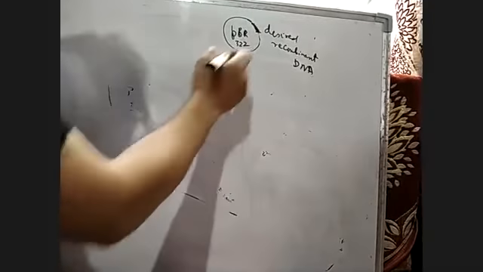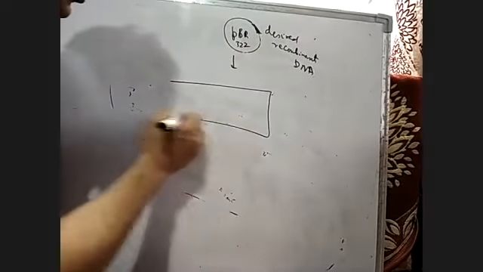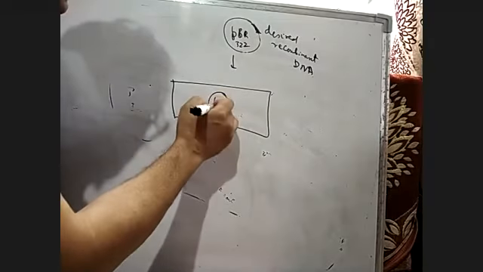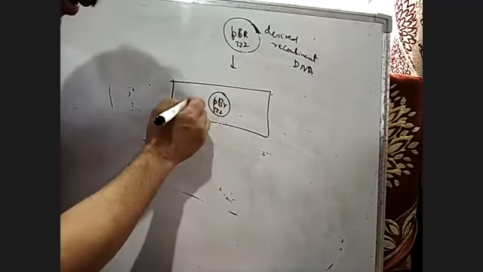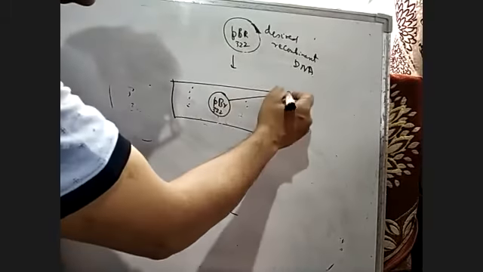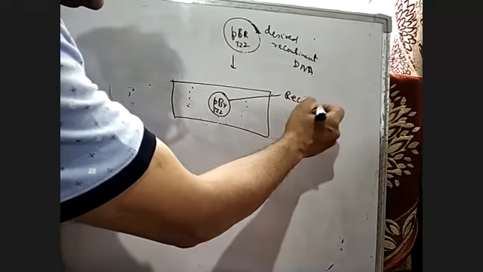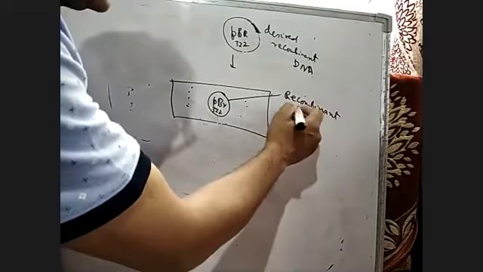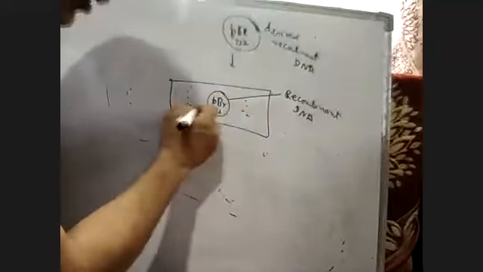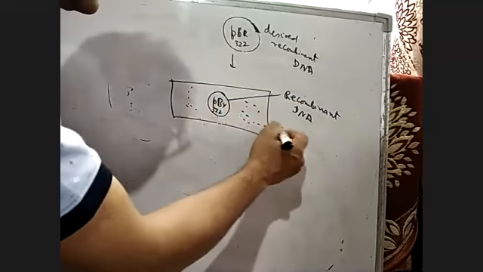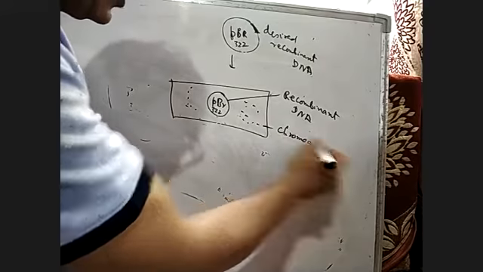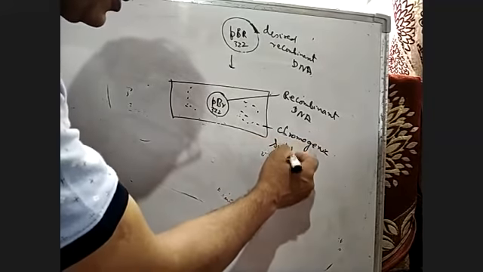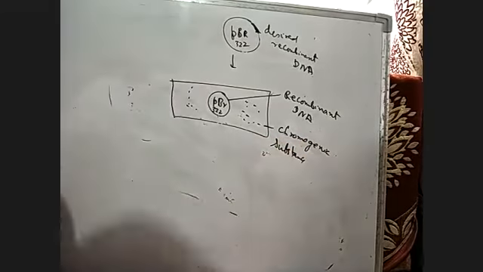This is our pBR322, and this is the recombinant DNA. We will introduce the recombinant DNA into the chromogenic substance, or the color.